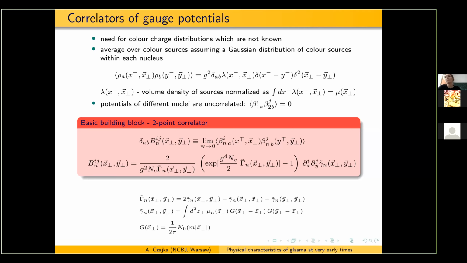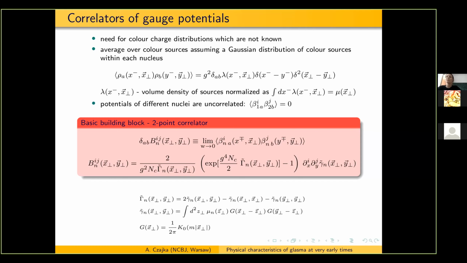This is the ansatz and the basic equation of the MV model, where lambda, the volume density of sources, gives the charge density mu. We also assume that potentials of different nuclei are uncorrelated. Then from the correlator of color sources, we can obtain a correlator of gauge potentials, which was also derived many years ago.